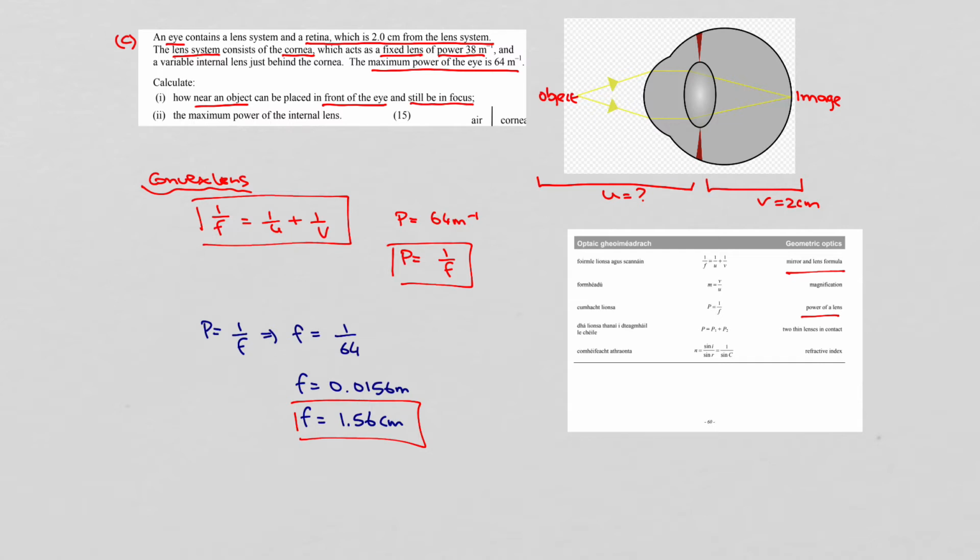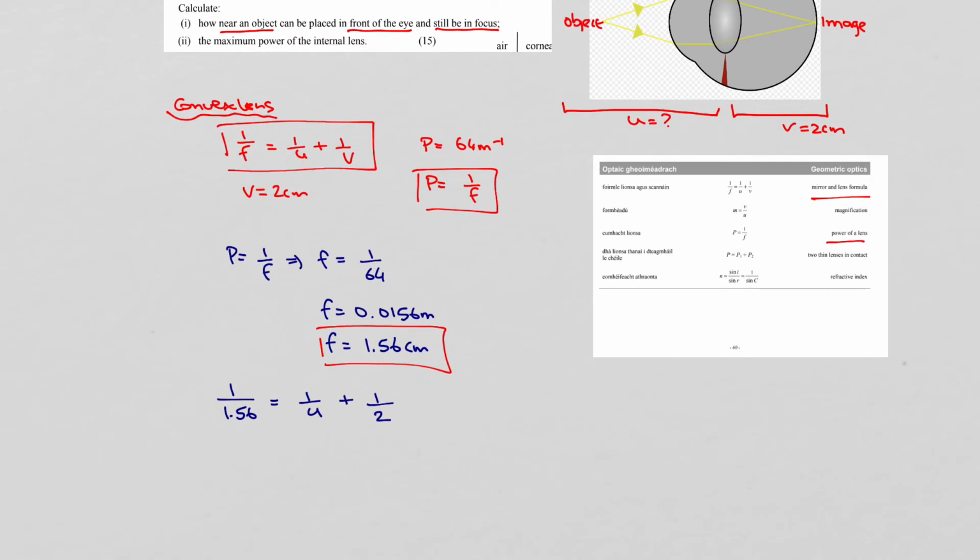So if we then sub that into our lens maker's formula, we have 1 over 1.56 centimetres is equal to 1 over u, which is what we're trying to find, plus 1 over v, where v is 2 centimetres. And it's very important there to make sure you have your metres and your centimetres converted, because you have to have both v and f in the same units.